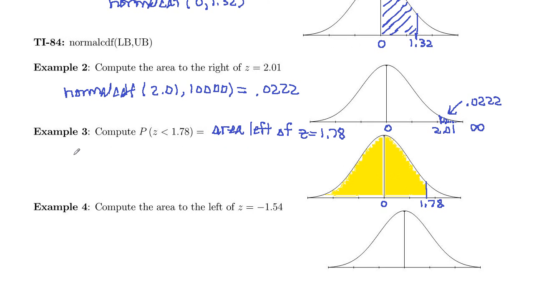And with the normal CDF function, we want our lower and upper bound. Well, our lower bound, this tail of the distribution actually goes out to minus infinity, but we'll just use a big negative number, like negative 10,000.